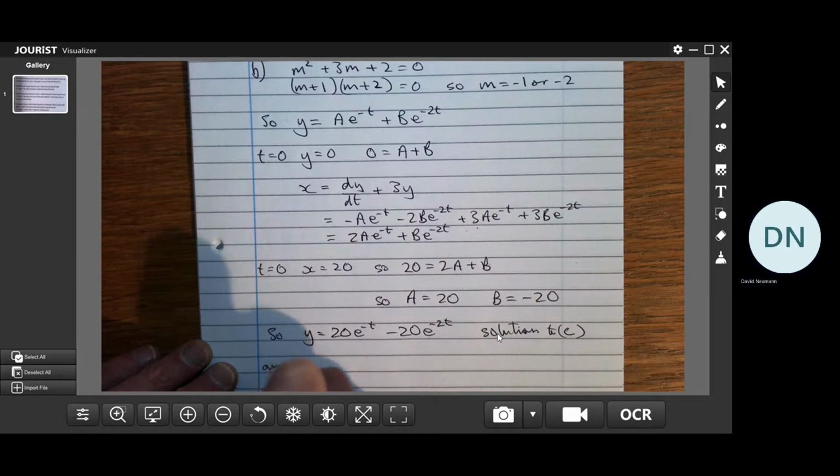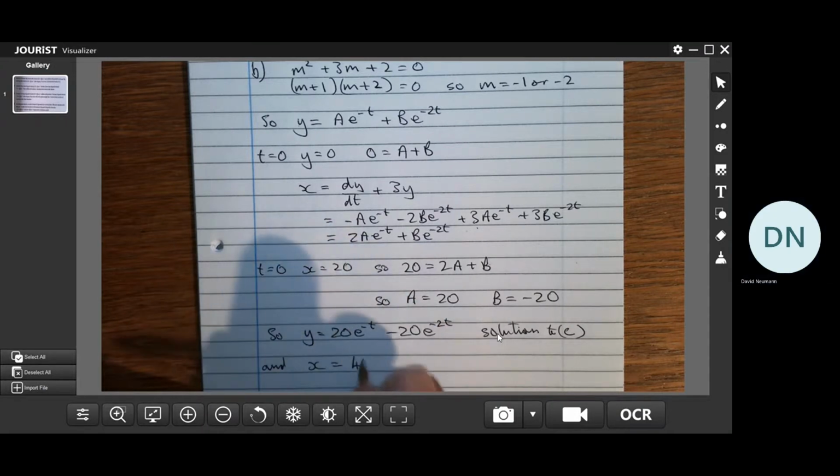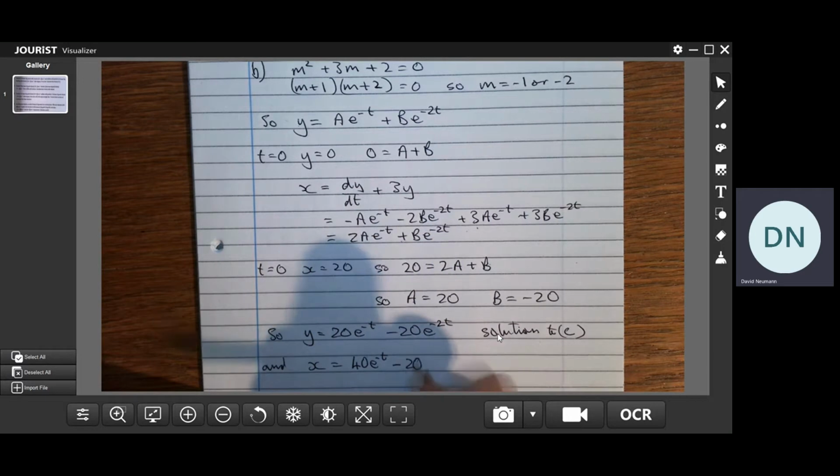And for x, we want 2a, so that's 40 e to the minus t. Again, we've got plus b e to the minus 2t, so that's minus 20 e to the minus 2t.